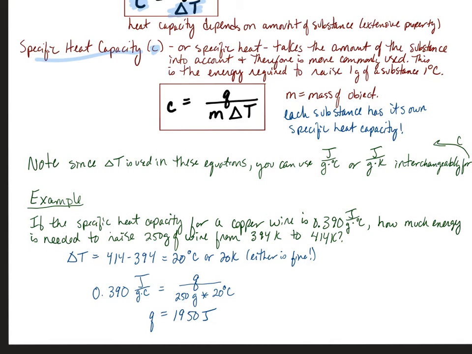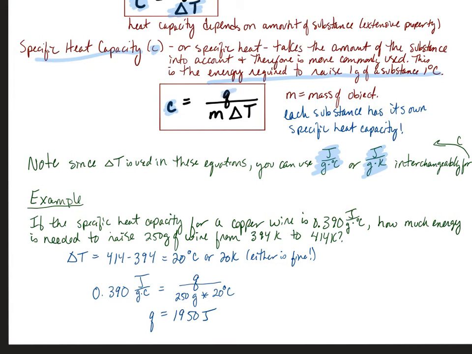And so it's defined as the energy required to raise 1 gram of substance 1 degree Celsius, and that is therefore more useful. So the specific heat capacity is a given for various materials, and it is typically in joules over grams times Celsius, or it could be joules over grams times Kelvin.